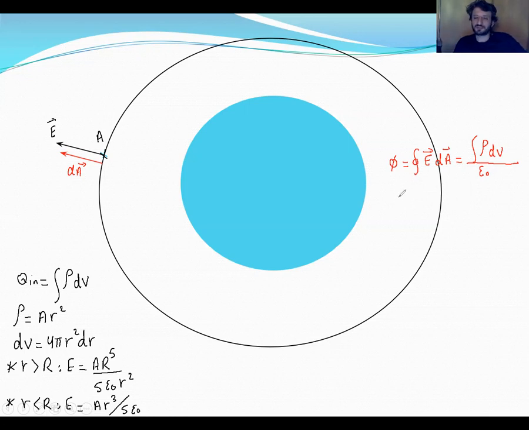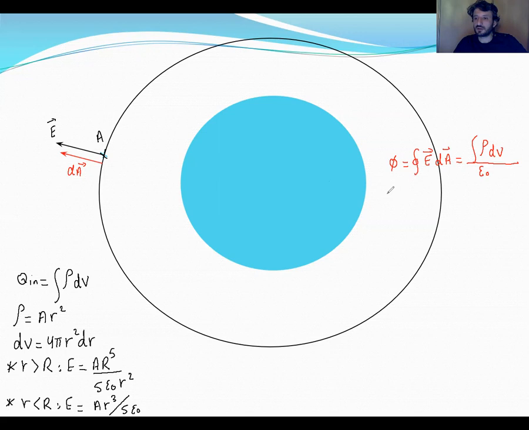Here we cannot solve directly. We cannot say directly K q over r square for the field. We cannot consider the object as a point charge. I advise you to calculate by Gauss's law, because we have to do some calculation for the internal Q. It's not uniform through the object.